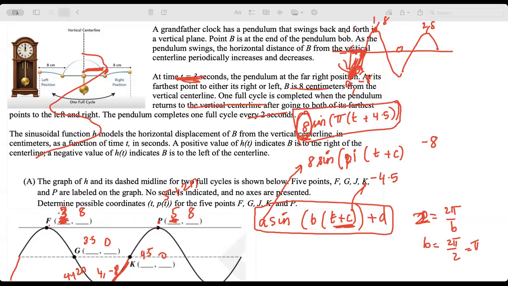That is how a sine curve starts. A sine curve starts at the midline, right? So per my graph given here, it has moved to the right. When it has moved to the right, I will put a negative 4.5.